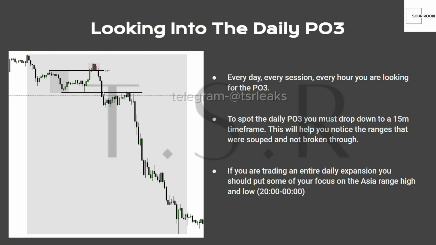Your goal is to enter short within this PD array right here, or if you want to use a breaker, you can, and it is right here. The open of the breaker usually will give you a near zero drawdown entry. Of course, price taps back into the Asia range, into the bearish PD array, turtle souping yet another range, and continuation of the expansion lower.